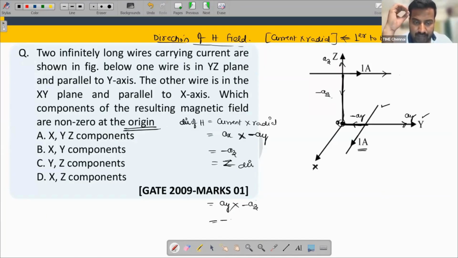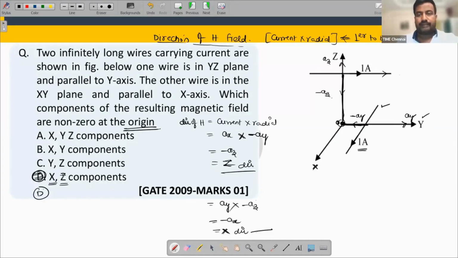AY cross minus AZ is minus AX. Neglecting the polarity here because I want the direction, it can be positive or negative. Here you will have an X direction component. Here you have a Z direction component. So put together, you have components of X and Z which are non-zero. That is, option D is the answer. Is that clear?